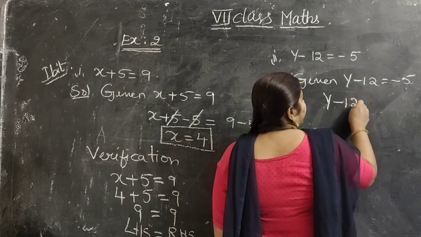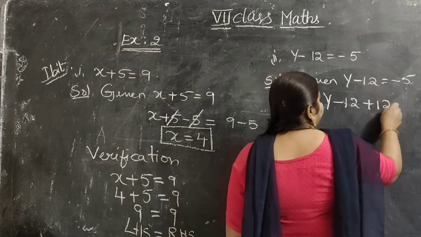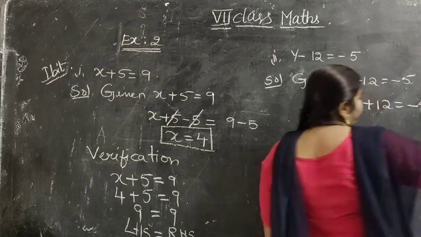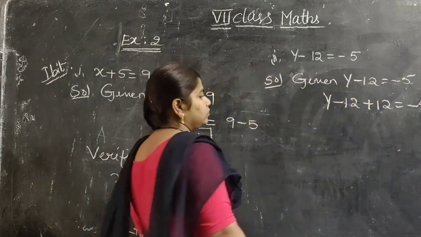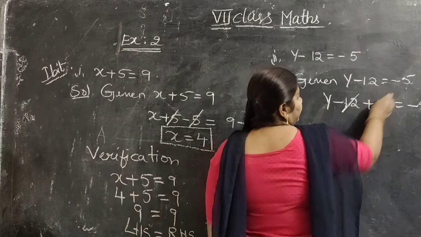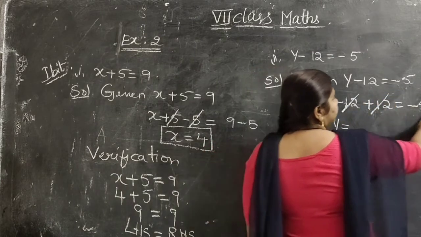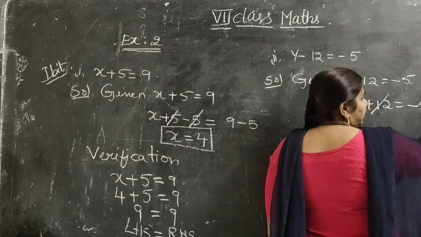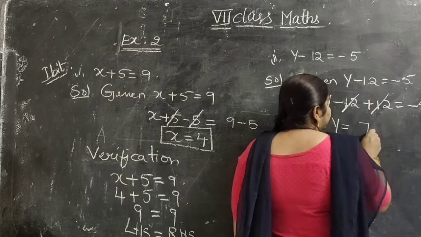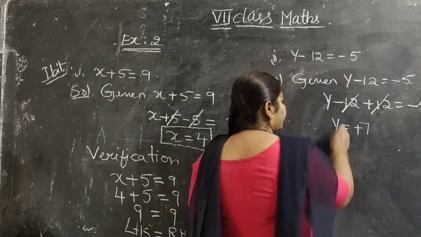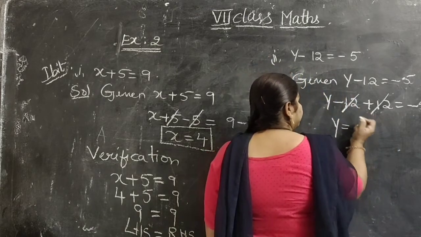That is y minus 12 plus 12 is equals to minus 5 plus 12. Now minus 12 plus 12 will get cancelled. y is equals to minus into plus will be minus, 12 minus 5 is 7. Bigger number sign is plus. That means the y value we got is 7.